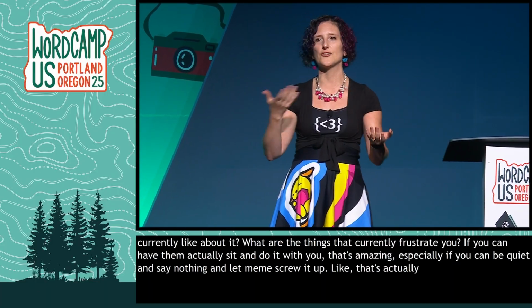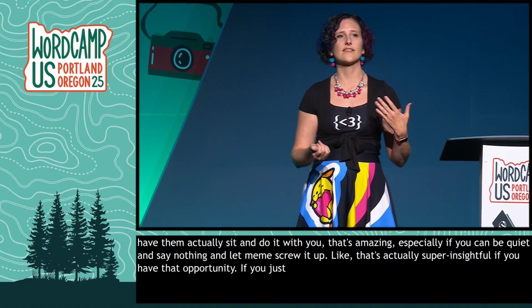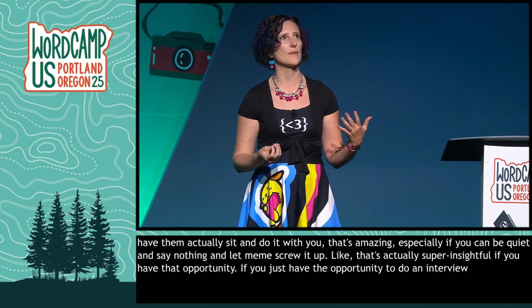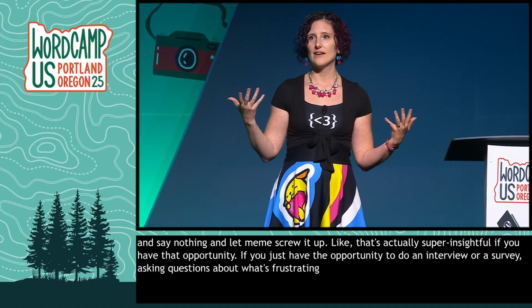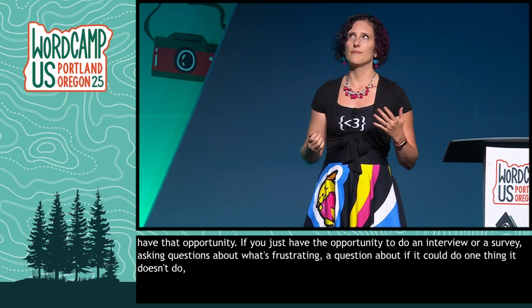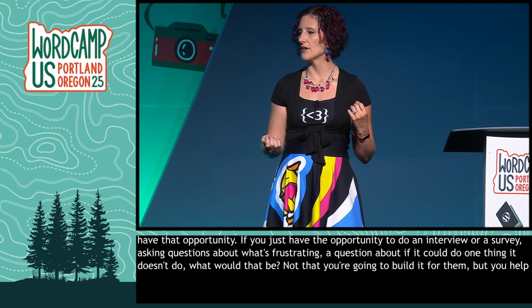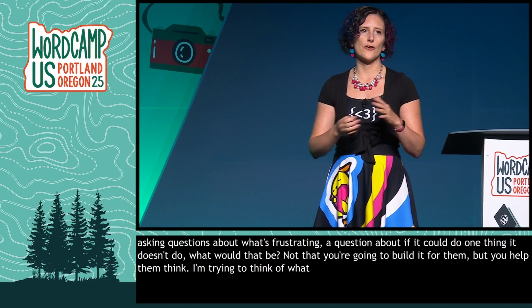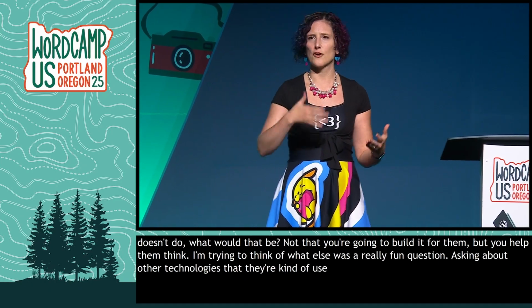If you just have the opportunity to do an interview or a survey, ask questions about what's frustrating, and a question about, if it could do any one thing it doesn't do, what would that be? Not that you're going to build it for them, but you learn how they think. Asking about other technologies that they're using on a day-to-day basis and if they like any of them a lot is also very insightful.